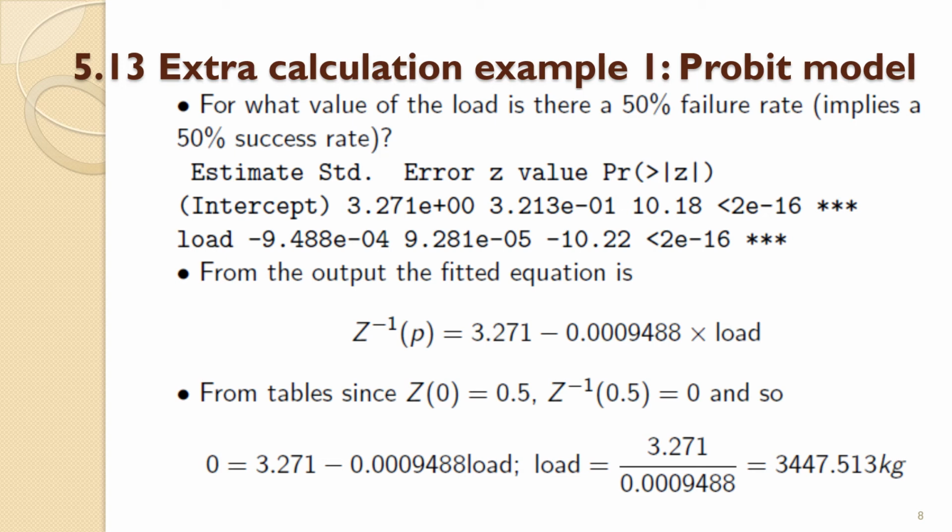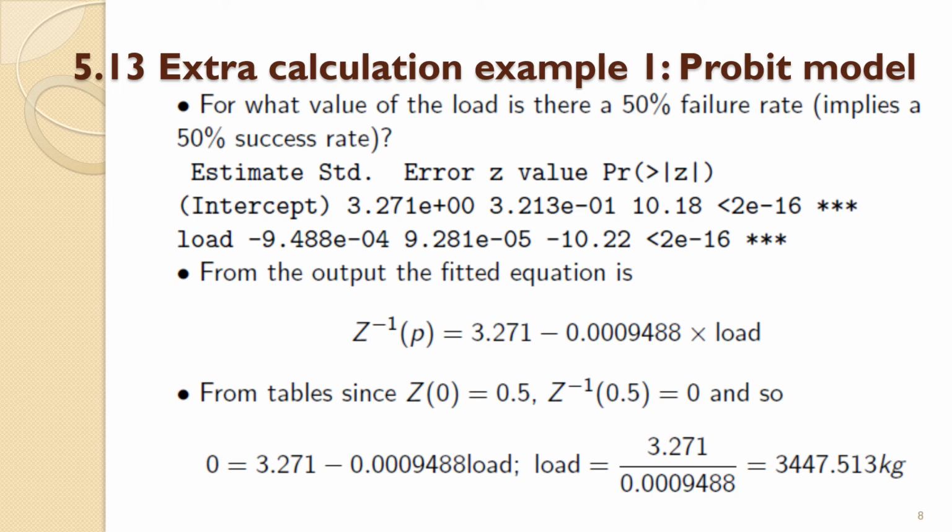Okay, so you ask the same question to find the value of the load for which there's a 50% failure rate, equivalently a 50% success rate, and so the equation is that the Φ to the minus 1 of the probability is equal to the regression equation. Then what you have in this case is Φ to the minus 1 of 0.5 is 0.